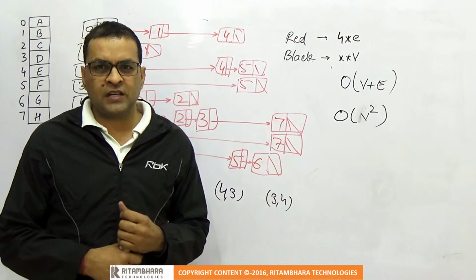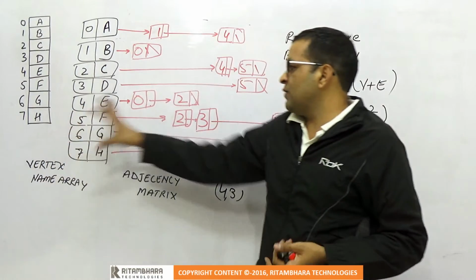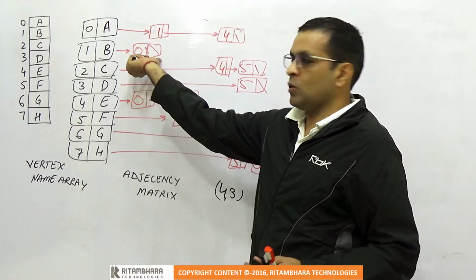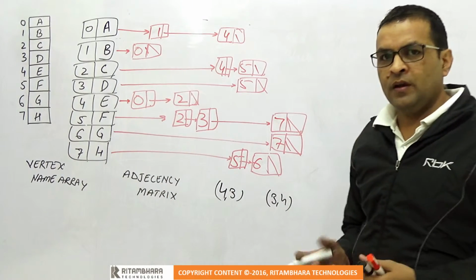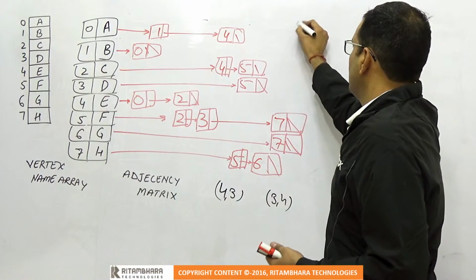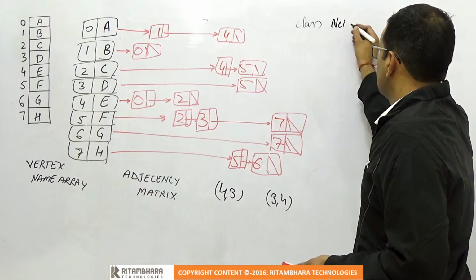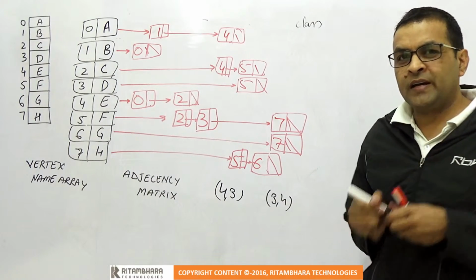So we need to define two classes, or if we talk in terms of C language, then we need to define two structures. One is the class that represents this node. This node I am calling a neighbor node, or let me just call it a connection class.